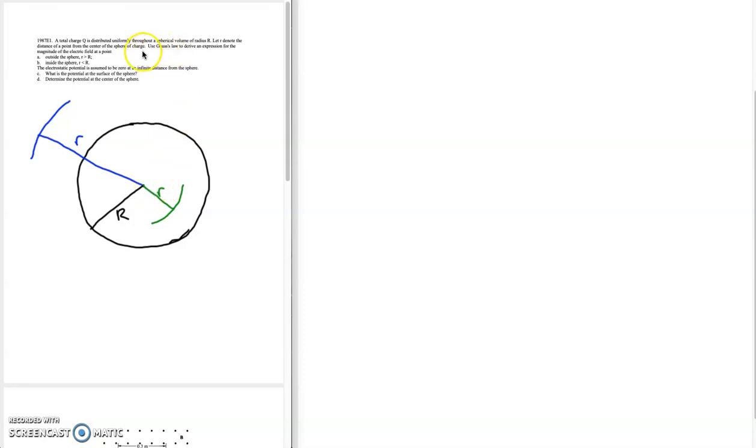And they tell us straight out, use Gauss's law. And then for parts A and B, we're going to get the electric field outside, that's the blue, and then inside, that's the green. All right, so for outside, we're going to use Gauss's law, Q enclosed over epsilon naught equals integral E dot dA.